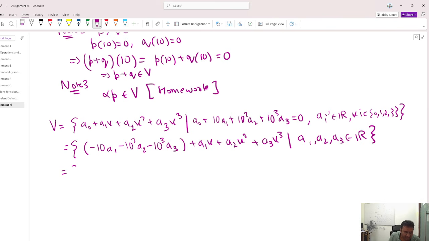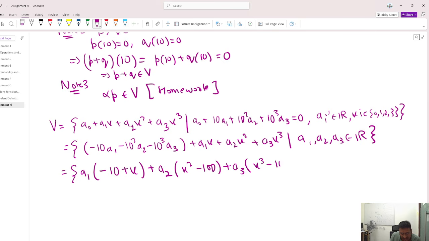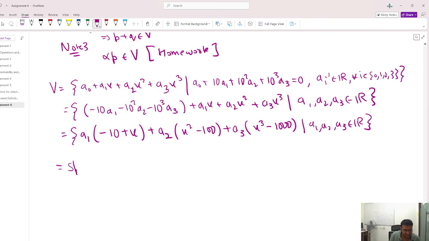Now you have to take a1 common. So when you take a1 common, you get minus 10 plus x. Then take a2 common, so you get x square minus 100. And then take a3 common, then you get x cube minus 1000. Very nice. So a1, a2, a3 are in R. Well, we get a spanning set, right? So this is the span of x minus 10, x square minus 100, x cube minus 1000.